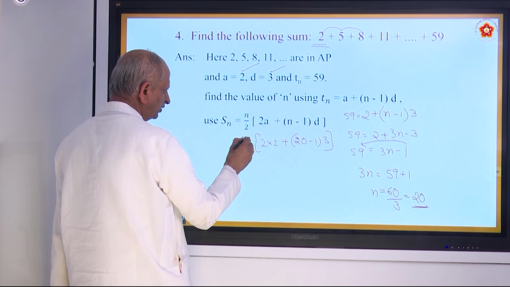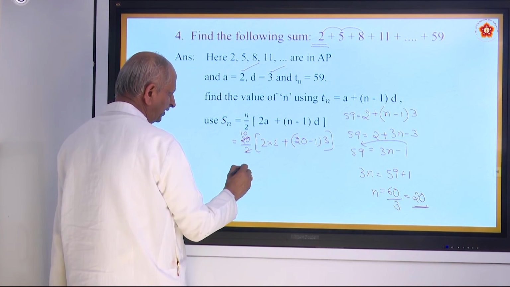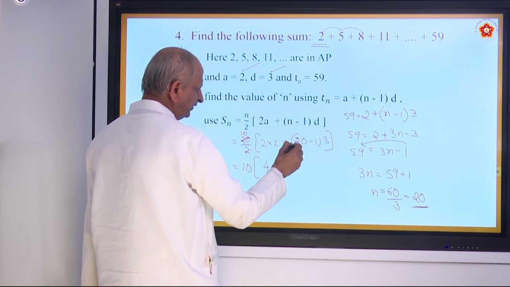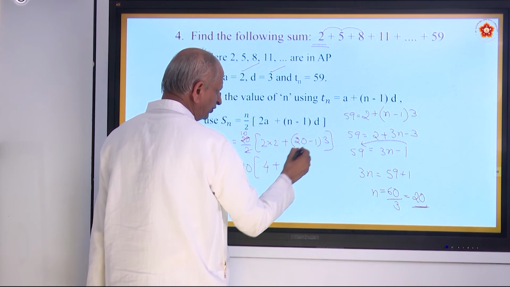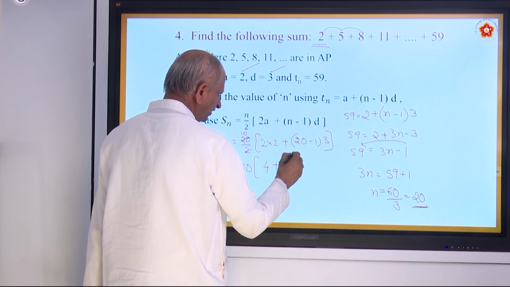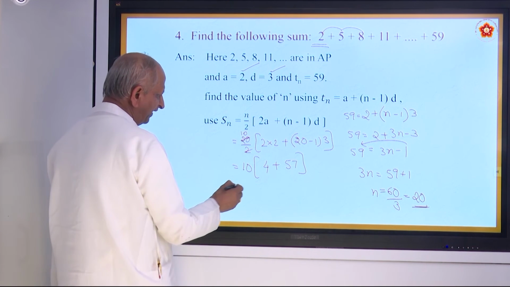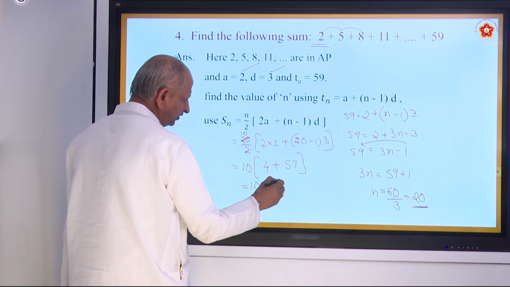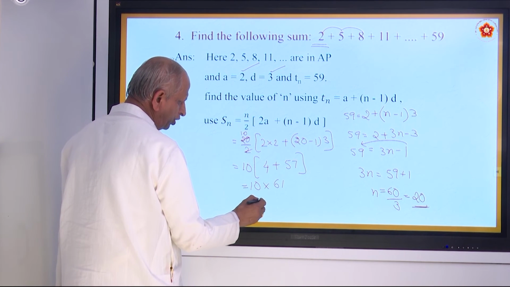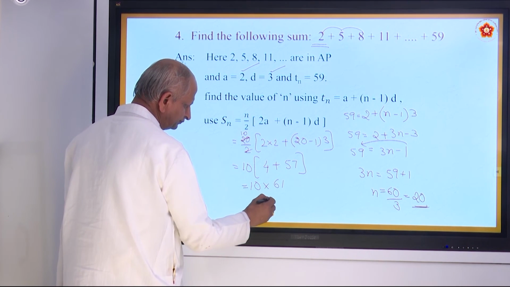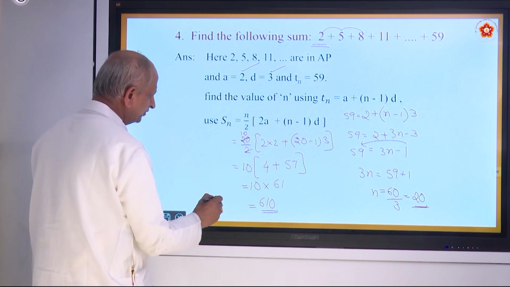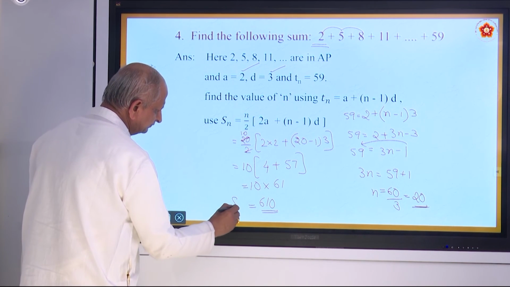So 2 10s are 20, so 10 into 2 2s are 4, and 20 minus 1 is 19 into 3. 19 3s are 57. So 10 into 61, that is equal to 610. So the answer is 610.